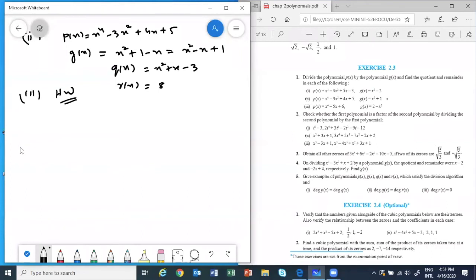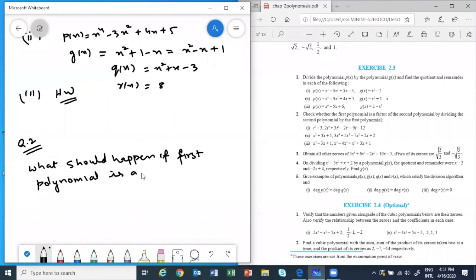So I am asking you for question number 2, what should happen if the first polynomial is a factor of the second one.